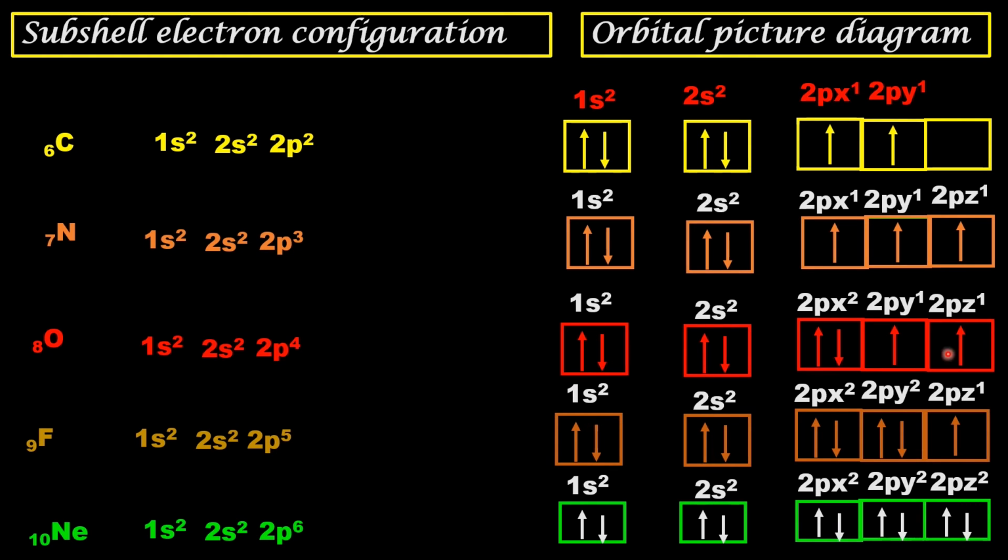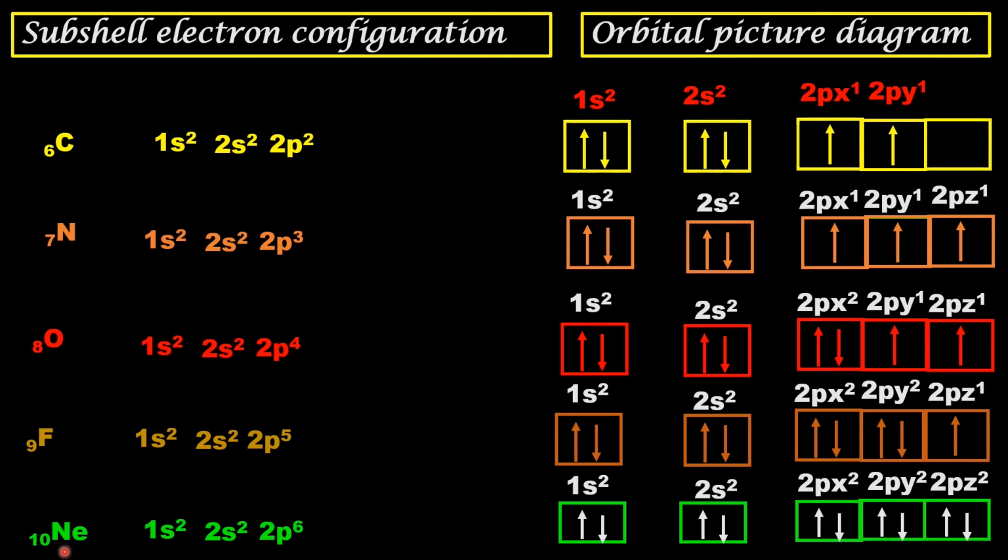So this additional electron starts pairing up in 2px. It becomes 2px2. This is in perfect agreement with Hund's rule. For fluorine, atomic number increases by 1 and the additional electron moves to 2py, making it paired. There is only one unpaired electron.